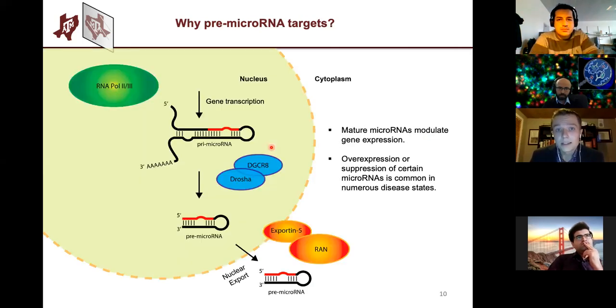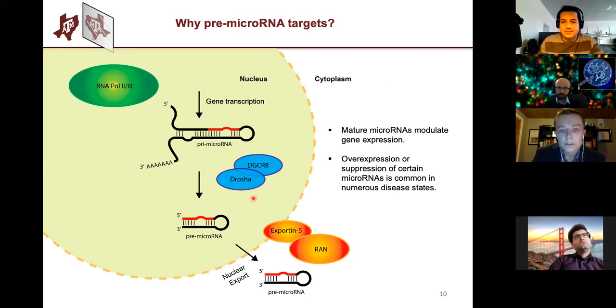So why do we like to target precursor microRNAs? This is just a diagram showing the biogenesis of precursor microRNAs. Usually when genes are transcribed, the 3' UTR, or untranslated region, typically contains a decent amount of these hairpin-like structures. These are called primary microRNAs.